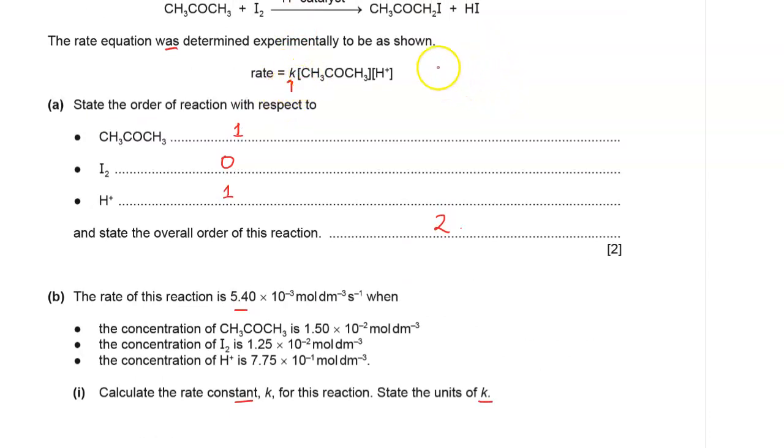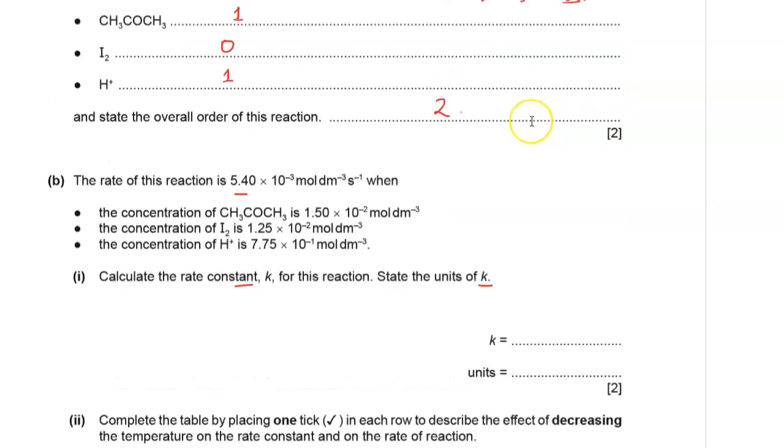k will be equal to the rate over the concentration of propanone times the concentration of hydrogen ion. That is k.